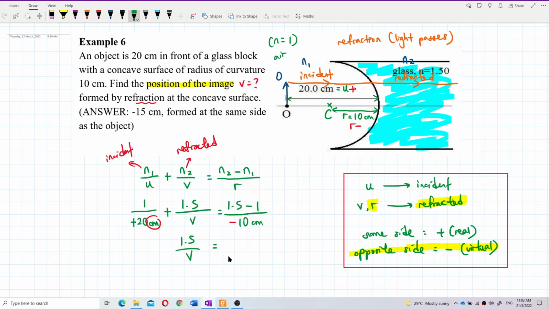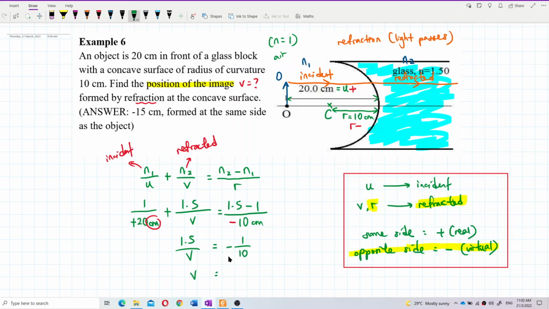So 1.5 minus 1, divided by negative 10, minus 1 over 20, I got negative 1 over 10.